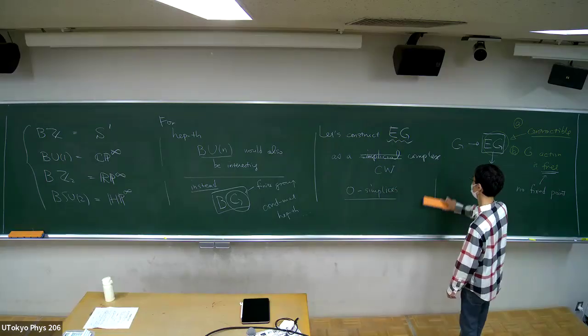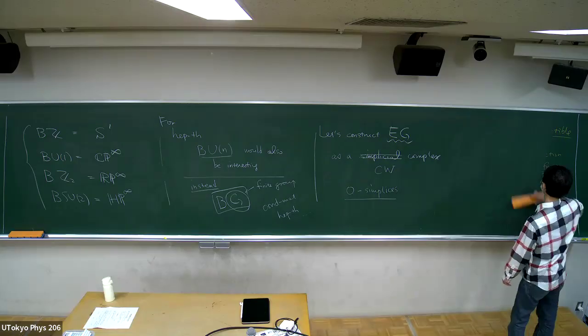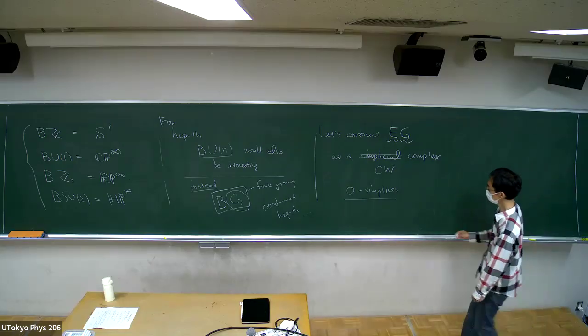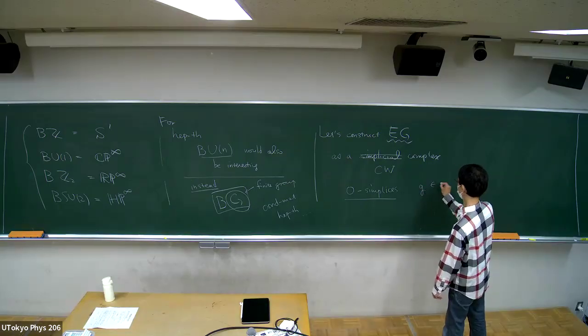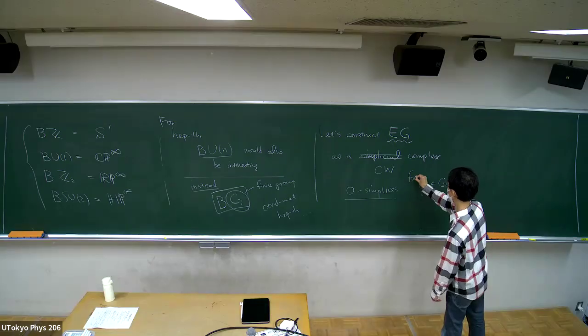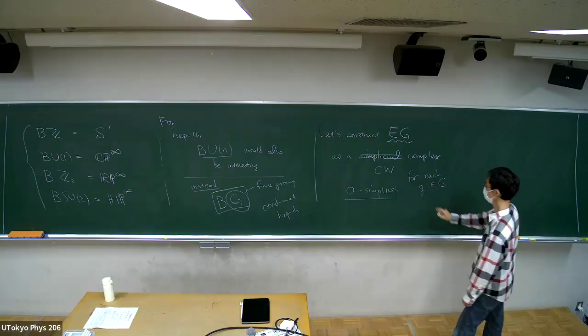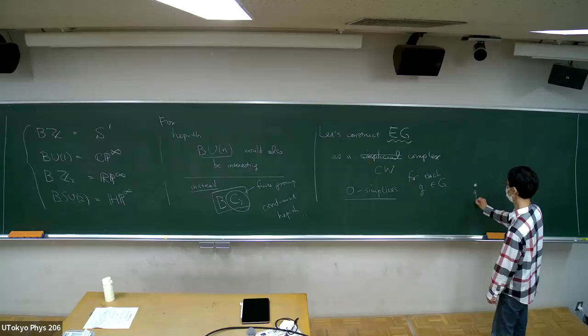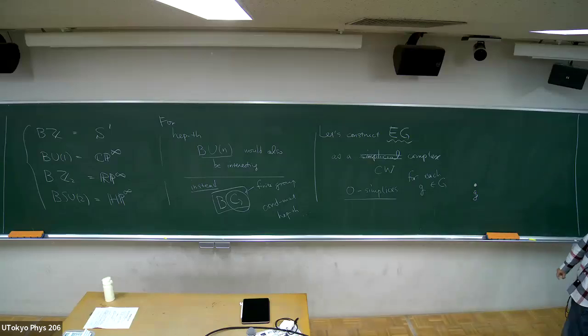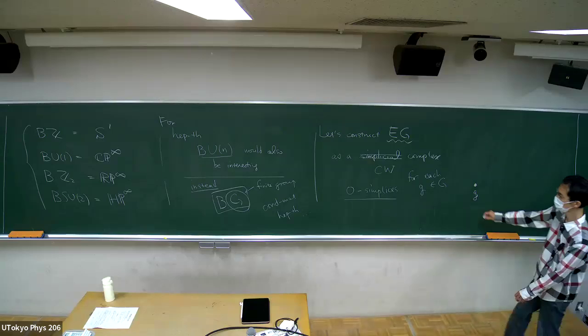So as zero simplices, for each element g in G, I introduce a point labeled by g.